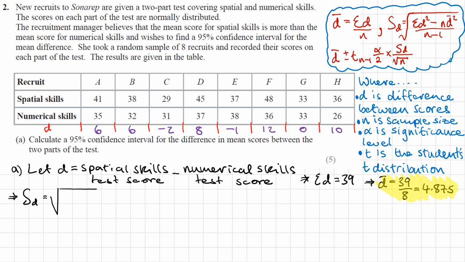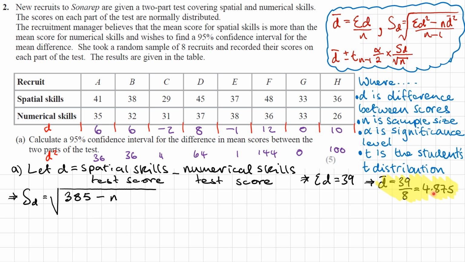So that will be the square root of, so we'll use this formula here, the sum of the differences squared. So let me just add another row, and let's do it here, of d squared. So I will have 36, 36, 4, 64, 1, 144, 0, and 100. Now the sum of those differences squared is 385, and I need to subtract from that n times the mean squared.